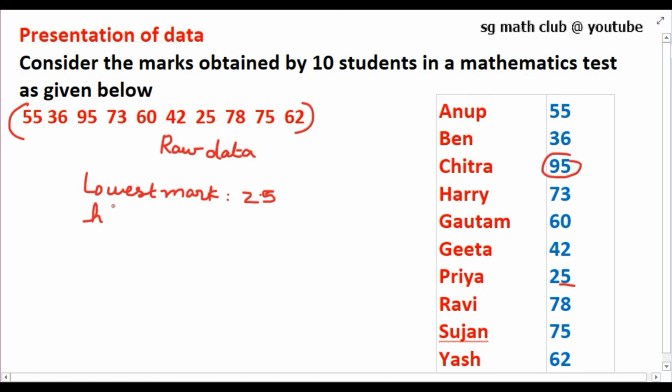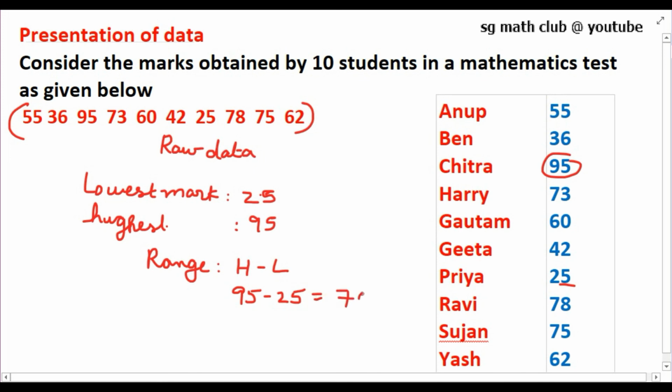So what will be the range? Range means highest mark minus lowest mark, that is 95 minus 25, which is 70.